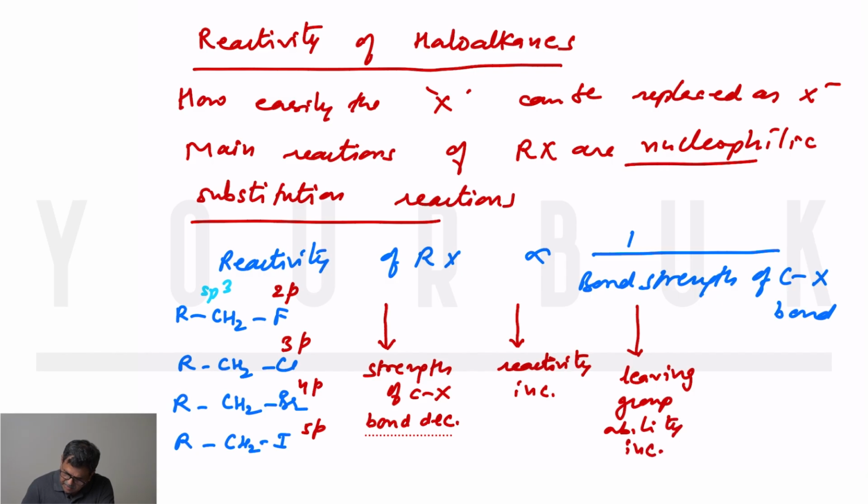I minus is the best leaving group and F minus is the poorest leaving group. But at the same time, I minus is the weakest base.